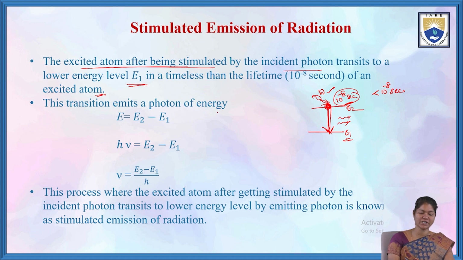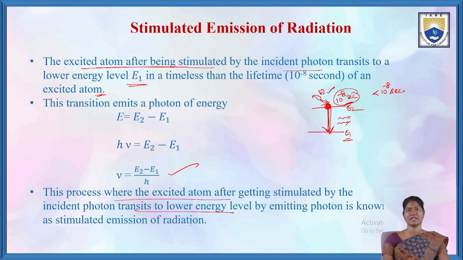This transition emits a photon of frequency nu equal to E2 minus E1 by h. This process, where the excited atom after getting stimulated by the incident photon transits to a lower energy level by emitting a photon, is known as stimulated emission of radiation.